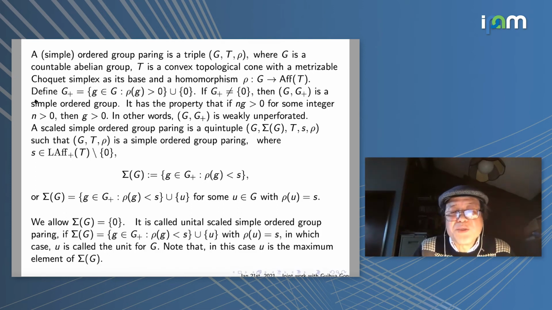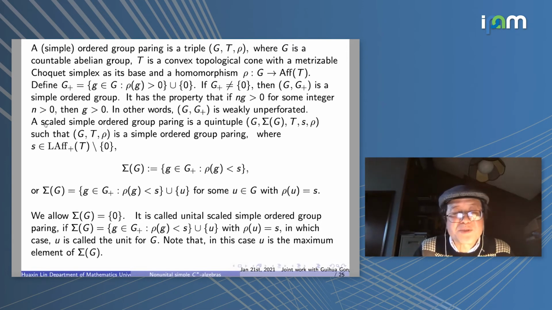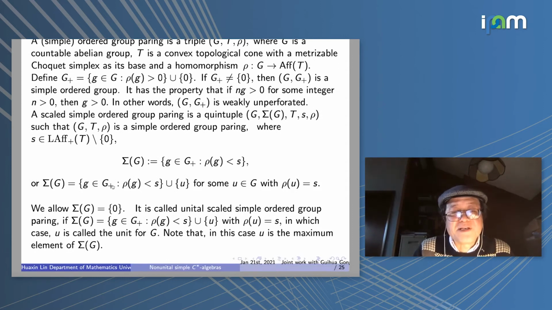It is called a unital scaled simple ordered group pairing if it is the second case, in which case u is called the unit of G. And in this case, u is the maximum element in Sigma G. The warning is that even though Sigma G may have a maximum element, it may not be unital.